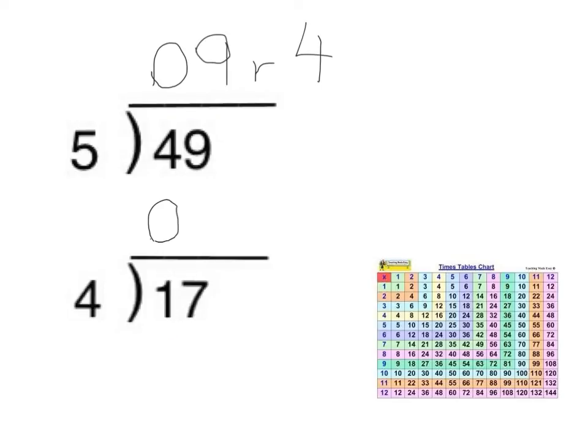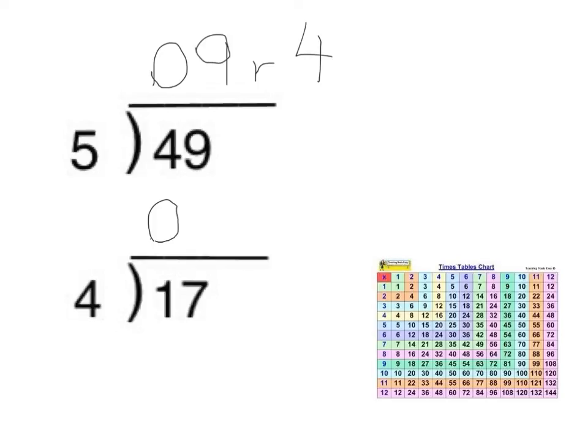Once again I'll have a look at my times table chart and I find my 4s, and I'm looking across my line to see what number is closest to 17 without going over. As I scan across, I can see that I go over once I get to 20. So the number closest to 17 without going over is 16. And I can see on my line here that 4 times 4 equals 16.